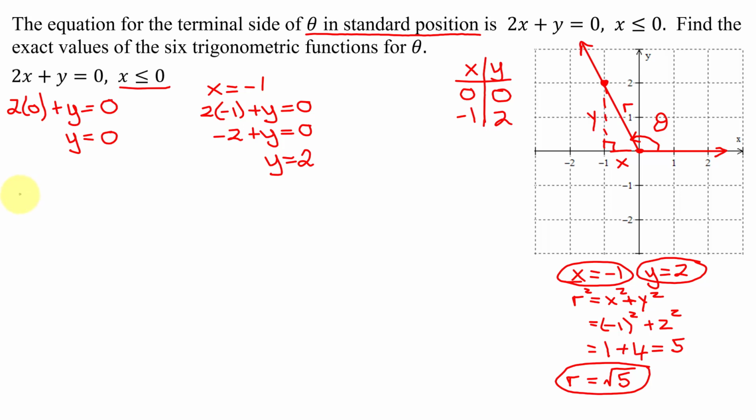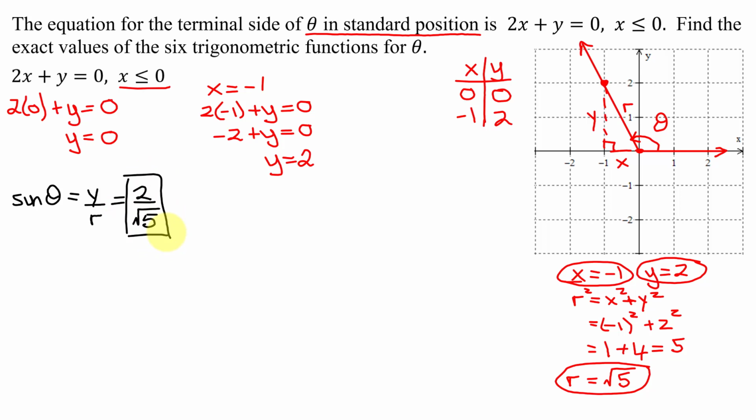So starting with the sine of theta, in terms of x, y, and r, that's y over r. Y was 2, r is the square root of 5. That is a perfectly good answer unless you're required to rationalize the denominator.